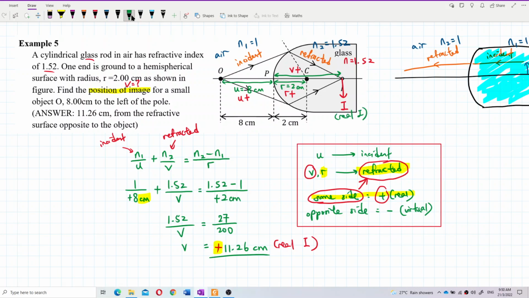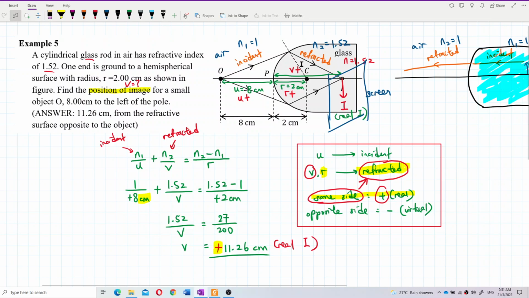Why is it a real image? Because the light falls onto this point. That means if we put a screen over here, it forms a real image.